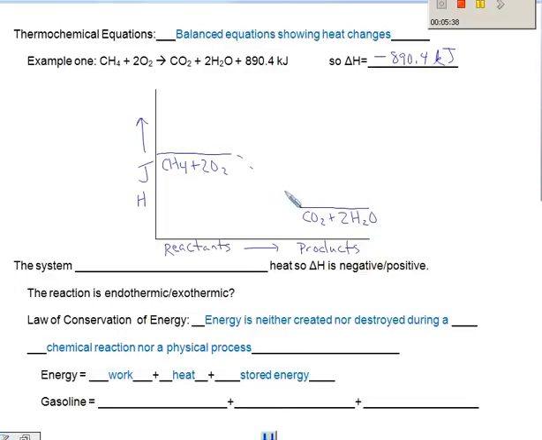So we've dropped in energy here. So if we were to indicate delta H on this diagram, it would be the distance from your reactants down to your products. So you can see that it is a negative sign for delta H. We have lost heat. So this system releases heat, or produces, same thing.